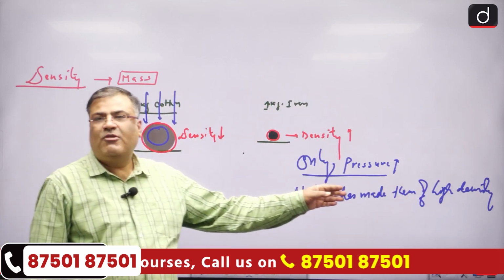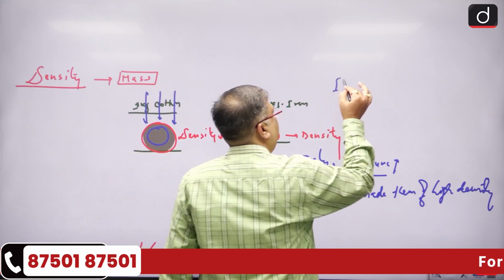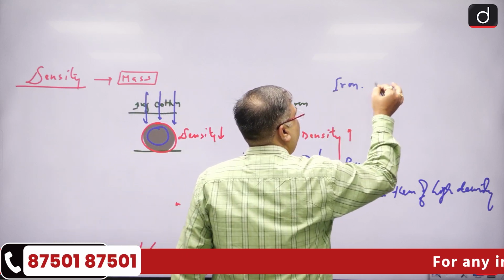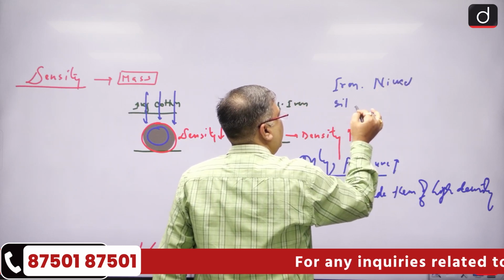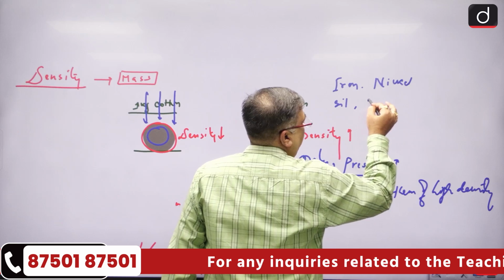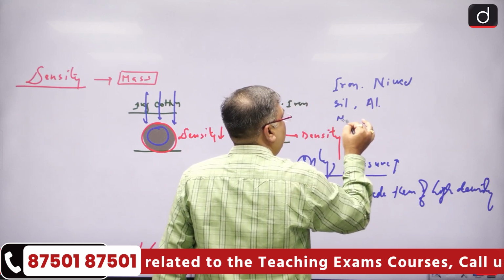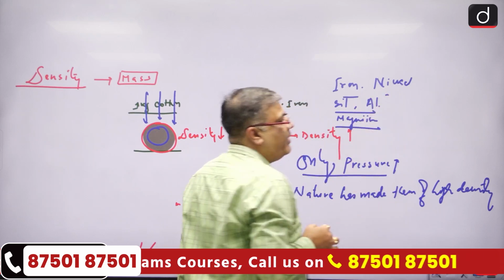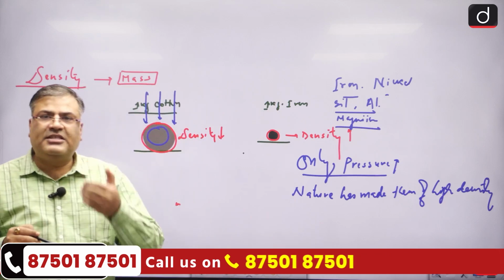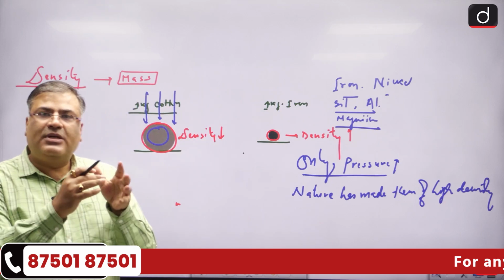Nature has made iron. Nature has made nickel. Nature has made silica, aluminium, magnesium, etc. All those things nature has made. These are not changing their state because of the pressure. Pressure plays an important role, but only up to a certain limit.